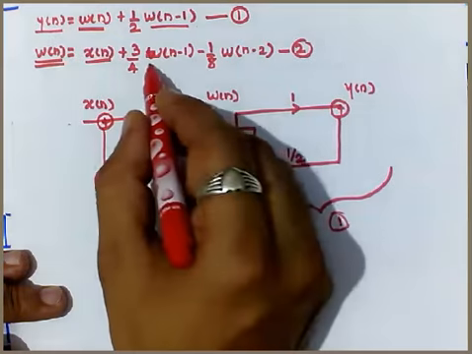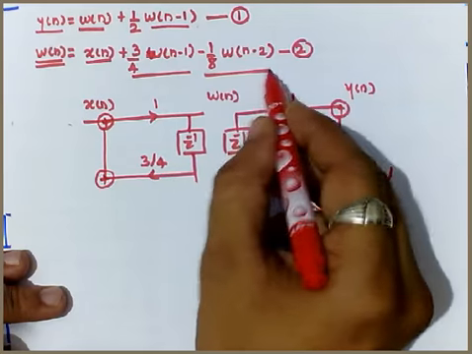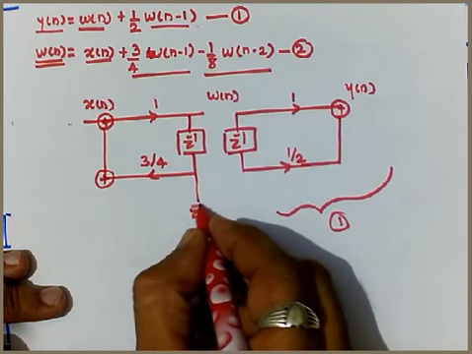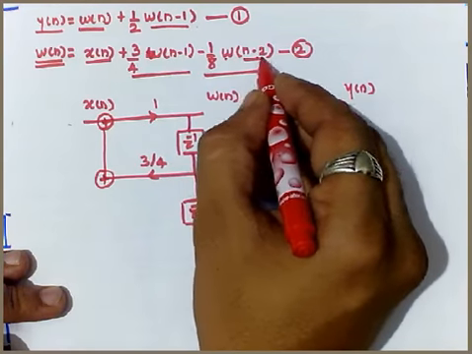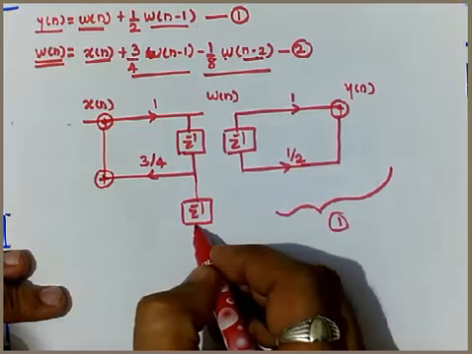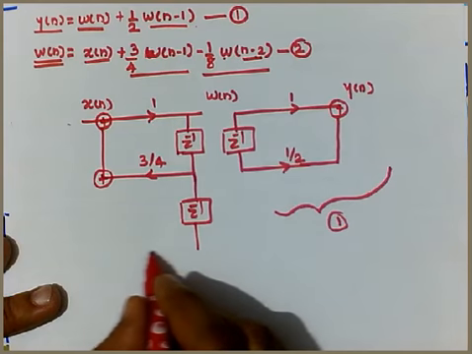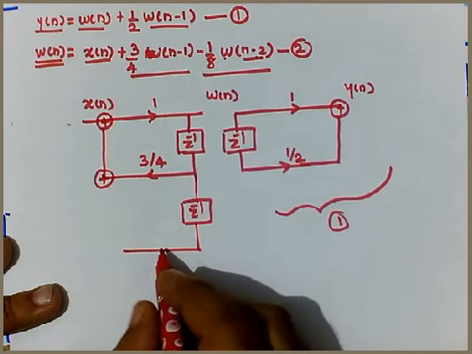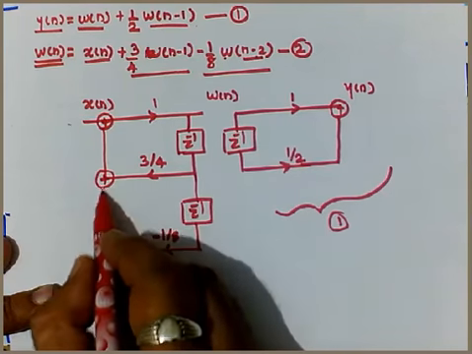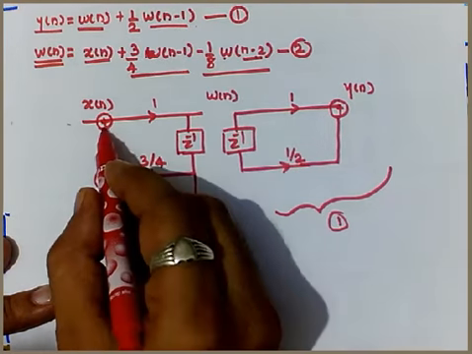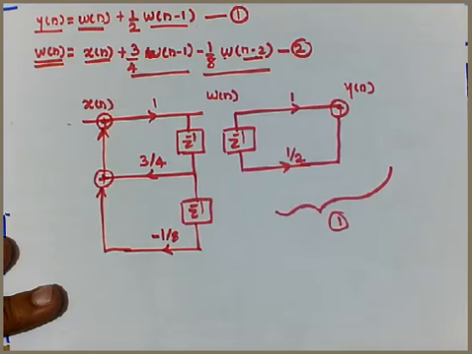Next, we solve this one, minus 1 by 8. So it is here w of n minus 2. That's why a second z inverse block has to be added. So it will be minus 1 by 8. This is how this second block will be added.